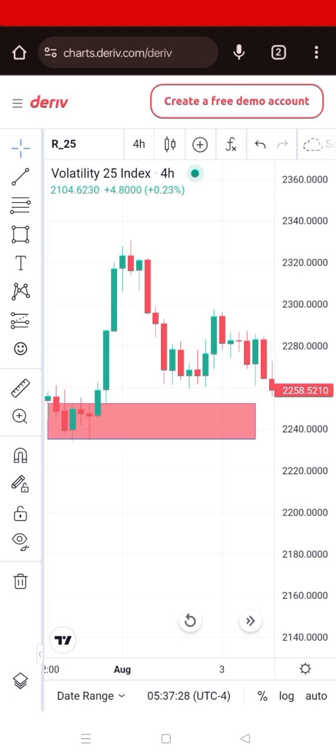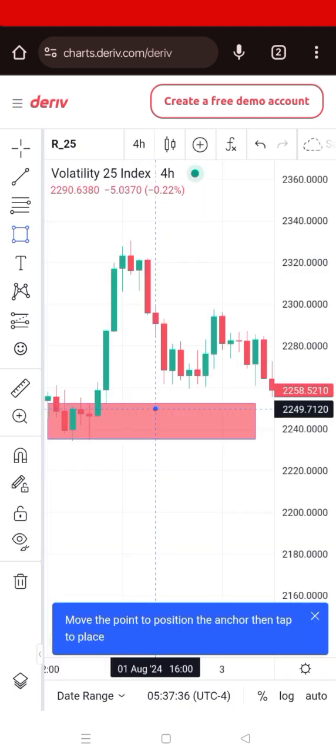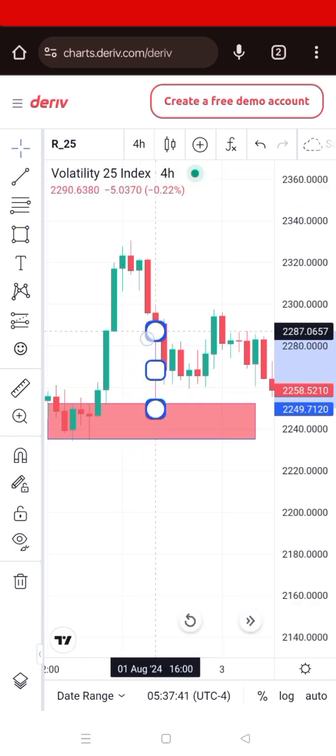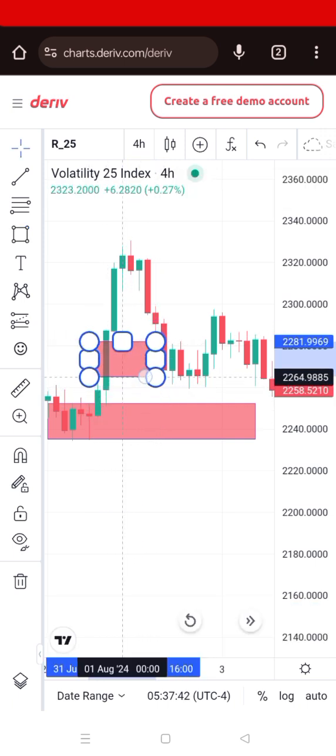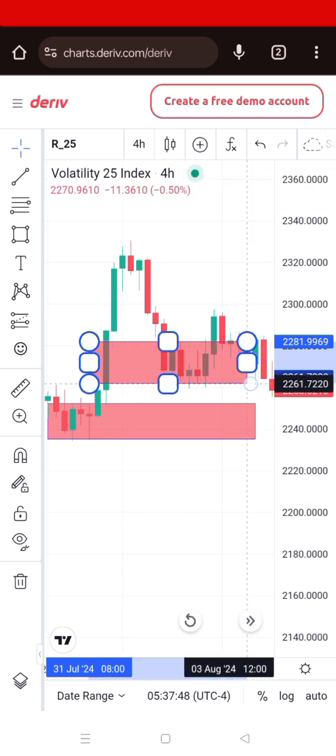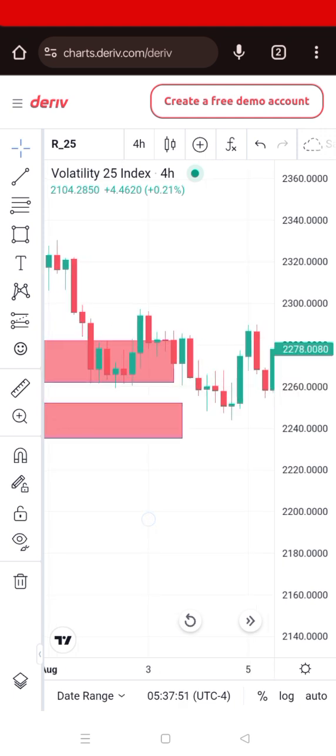And then we have a very good inefficiency or fair value gap between the first, the second and the third momentum candlestick. There is a fair value gap which is very clear, showing that's a very valid order block. So that's a very valid order block because of that inefficiency.